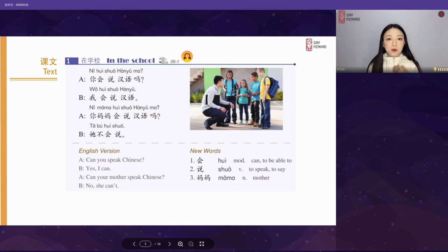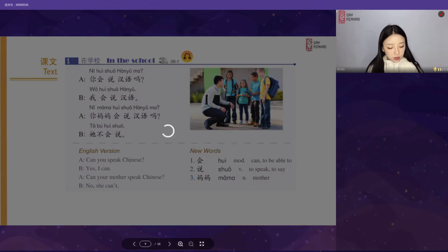You will be A, I will be B. 3, 2, 1. 我会说汉语。她不会说。Very good. This is the text 1.